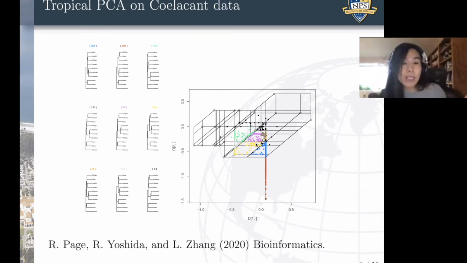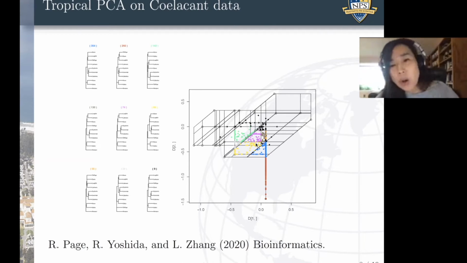Because for statisticians like me, the interpretability of the output is very important. You can see this visualization of the data set, like PCA. This is a two-dimensional representation of how gene trees are distributed over the tree topology.